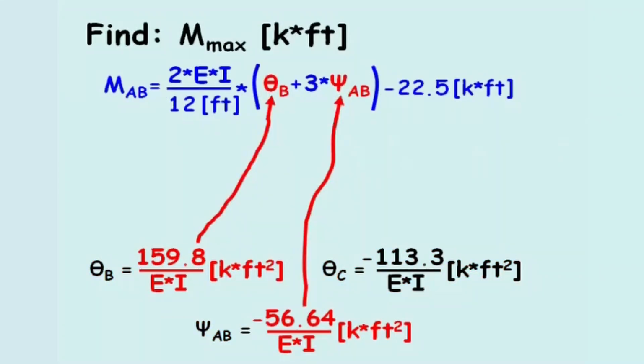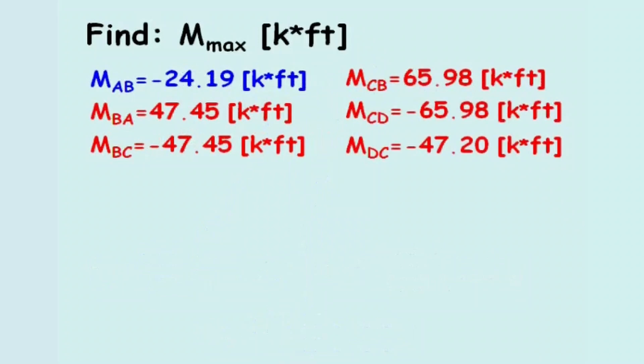For example, the value of theta B and psi AB are plugged into the equation for moment AB, which computes to negative 24.19 kip feet. Making this substitution, the other 5 moments are computed likewise and shown here.